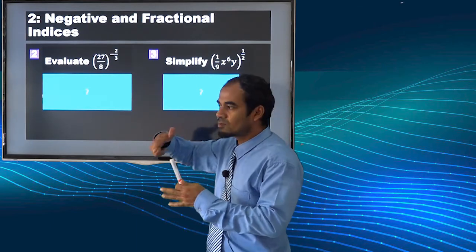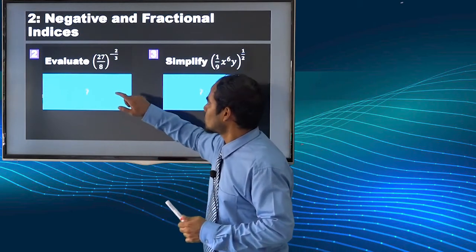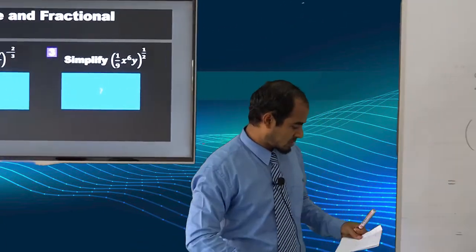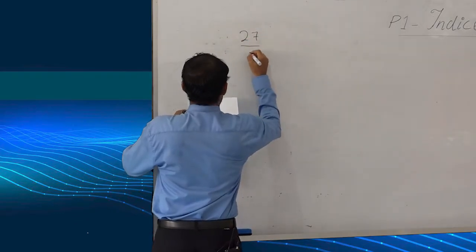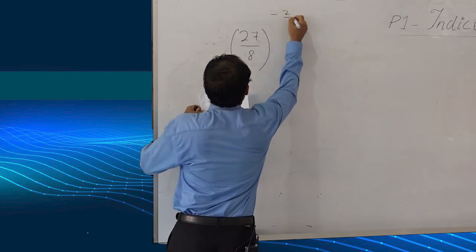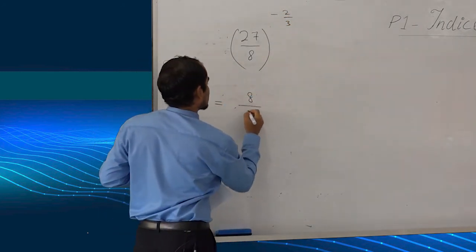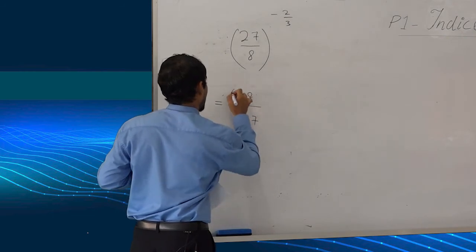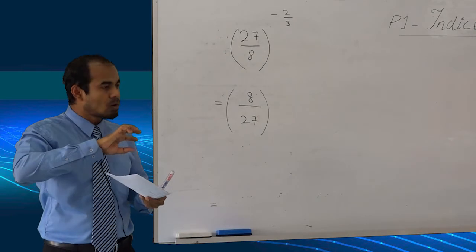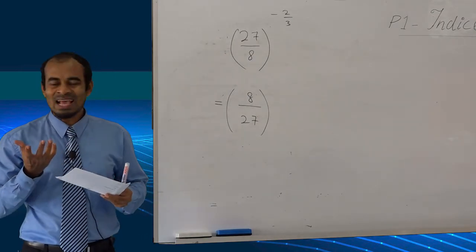In other words, turn the fraction or flip it, so that we get 27 over 8 to the power minus 2/3 as 8 over 27. So after you have flipped the fraction, you get 8 over 27.